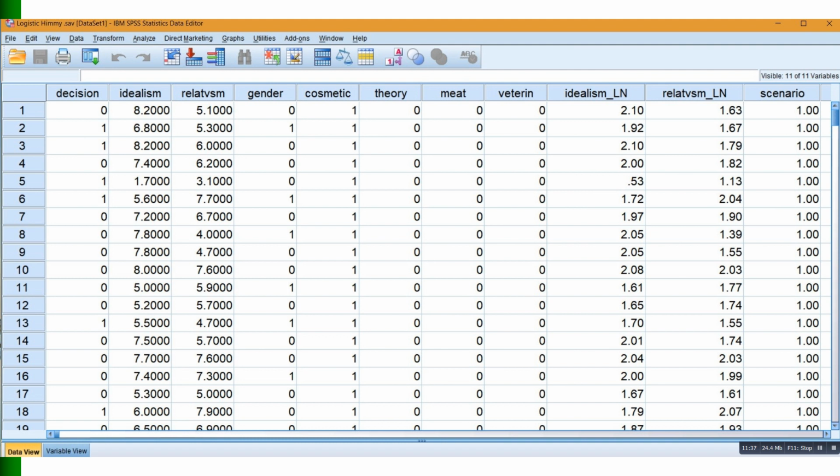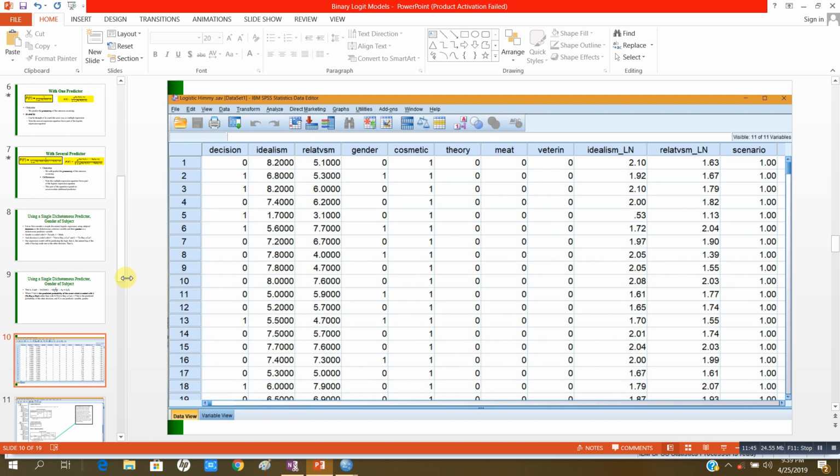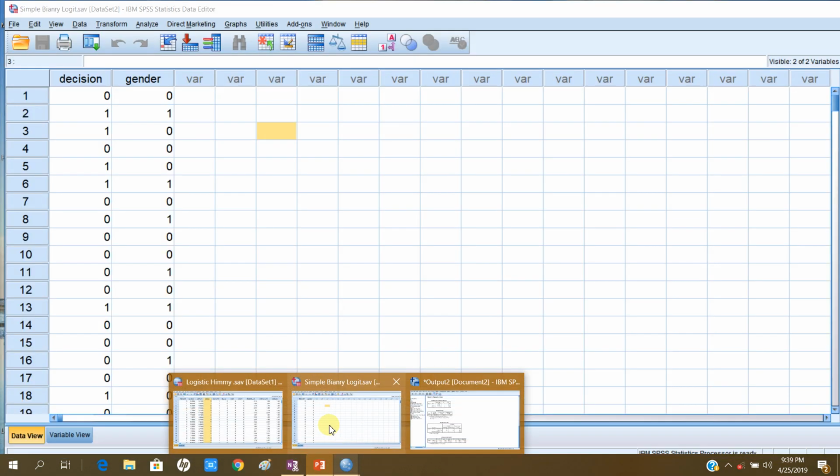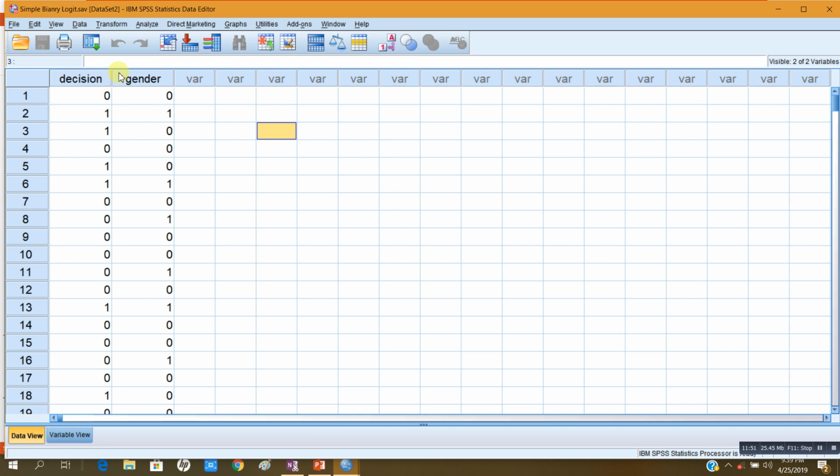let me first open the file, and let me tell you the regression. Here I have just used these two variables, and I am going to run a binary logistic regression. My dependent variable is this decision, and my independent variable or the predictor is gender.